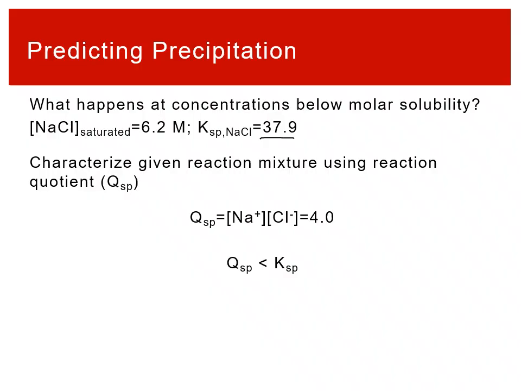So this system needs to shift to product, right? I need to make more dissolved ions. But all of my reactant is gone. My reactant being the solid sodium chloride. I put in the 2.0 molar of the solid sodium chloride. It all dissolved. It just can't shift anymore. The system wants to shift to product, and it is impossible to do that because there's no more reactant.